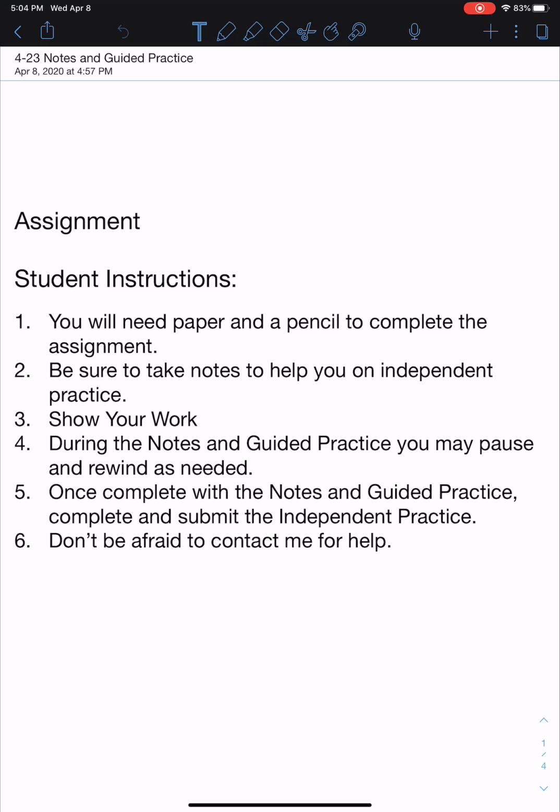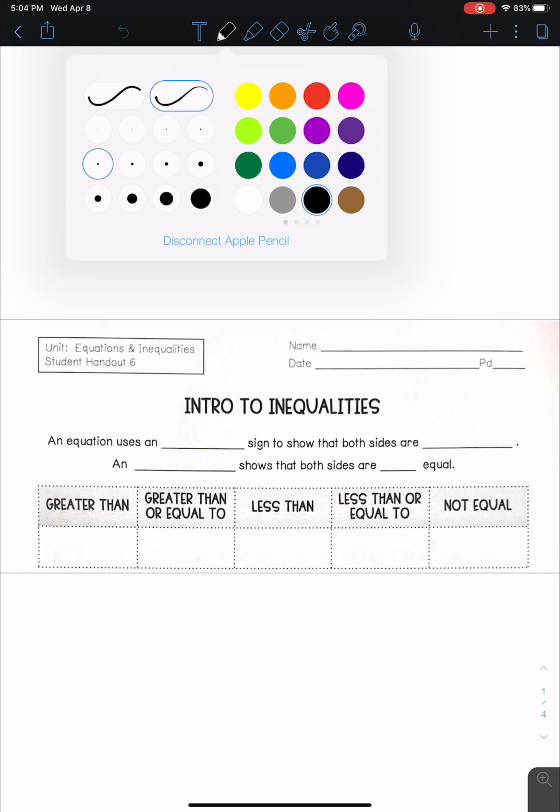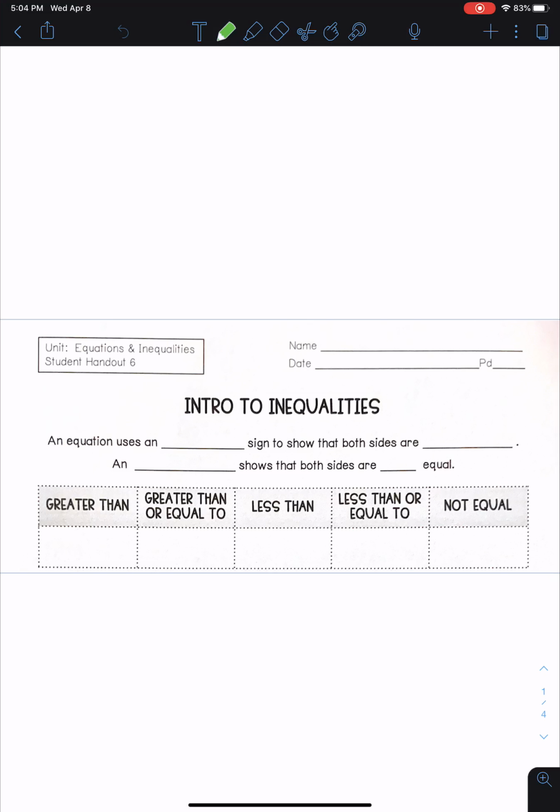So the last 2 days, we've been talking about equations. Well, today we're going to talk about inequalities. So I just want to review a couple things: inequalities, the symbols. An equation uses an equal sign to show that both sides are balanced.